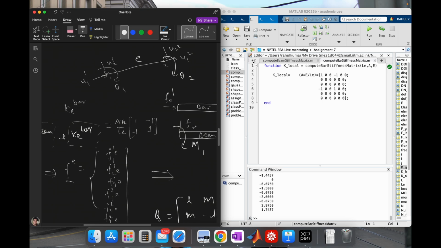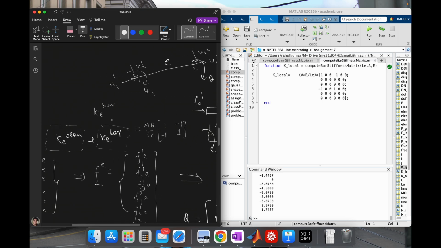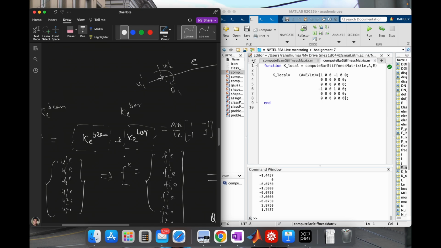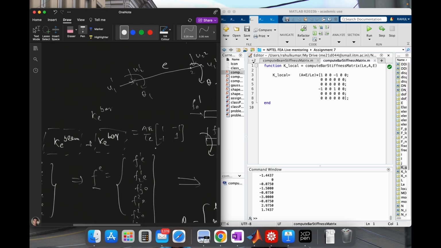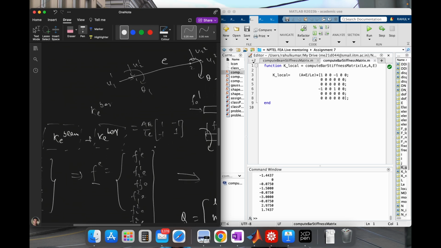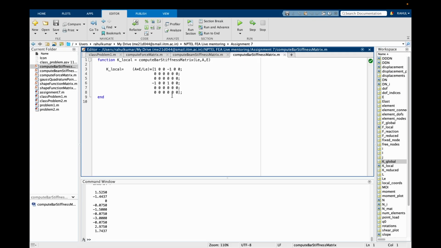Since I have to add KE beam and KE bar, I need to create KE bar also as a 6 by 6 matrix. Here the displacement along the x axis I have written 1, and y and theta are 0, and again for the displacement along the x axis minus 1 and 0 0. In this way we can create the compute bar matrix.